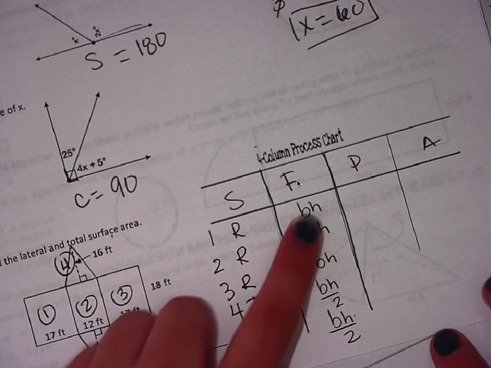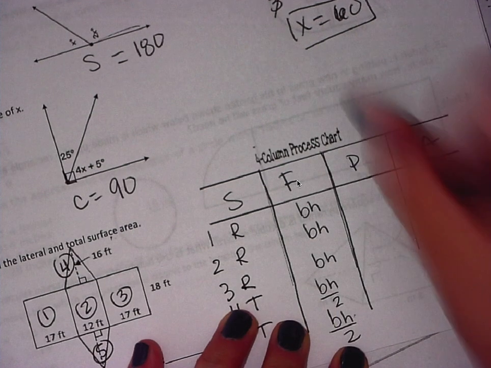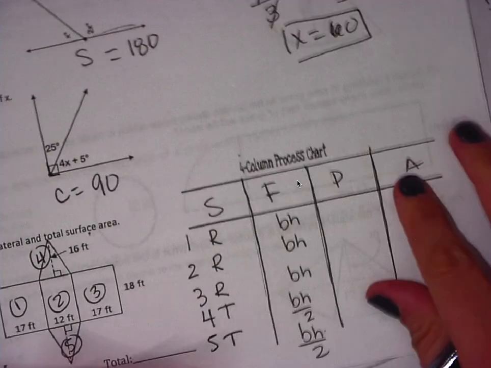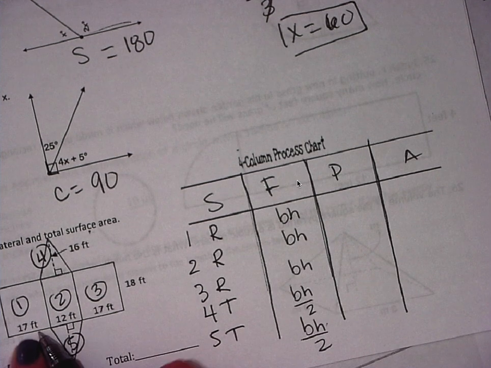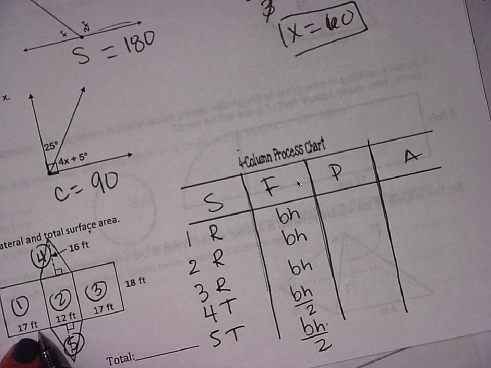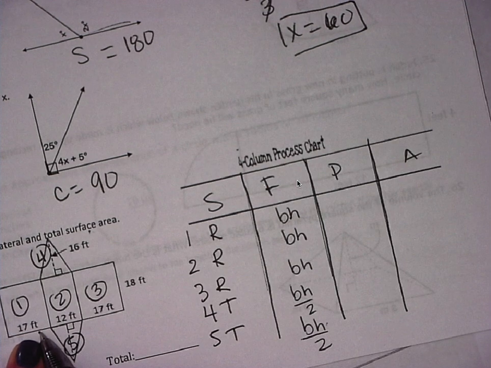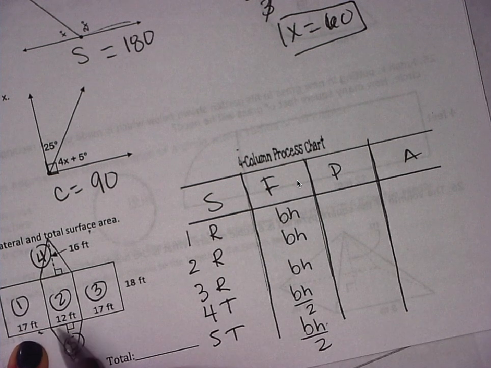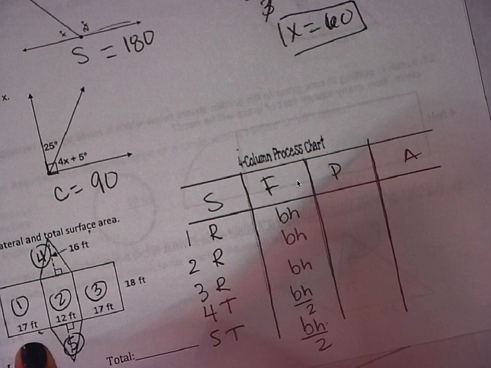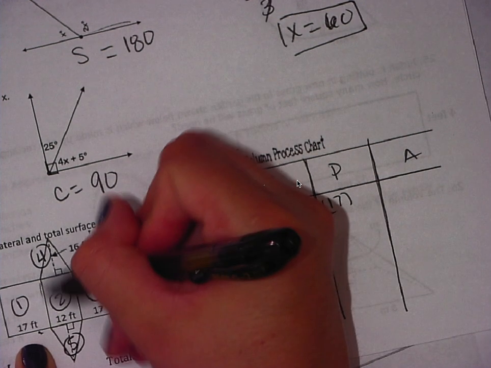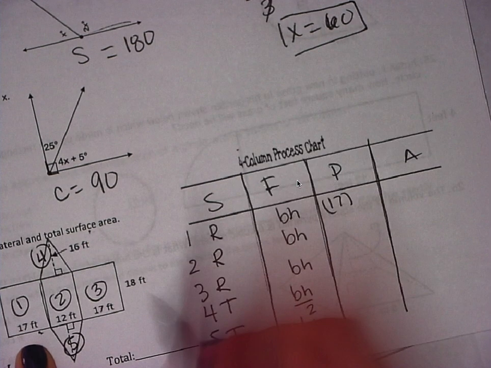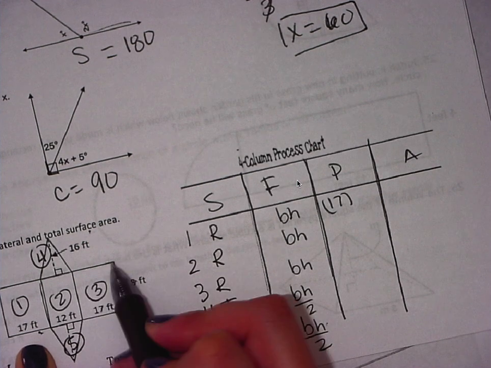Okay, now I'm going to go ahead and start to plug in my numbers. So for the base and height of the rectangle, well, I know the base is 17 for this one. Remember, they're not all the same, so you need to make sure that you don't just put the same numbers. So 17 times the height, which is 18, because all of these heights are 18.